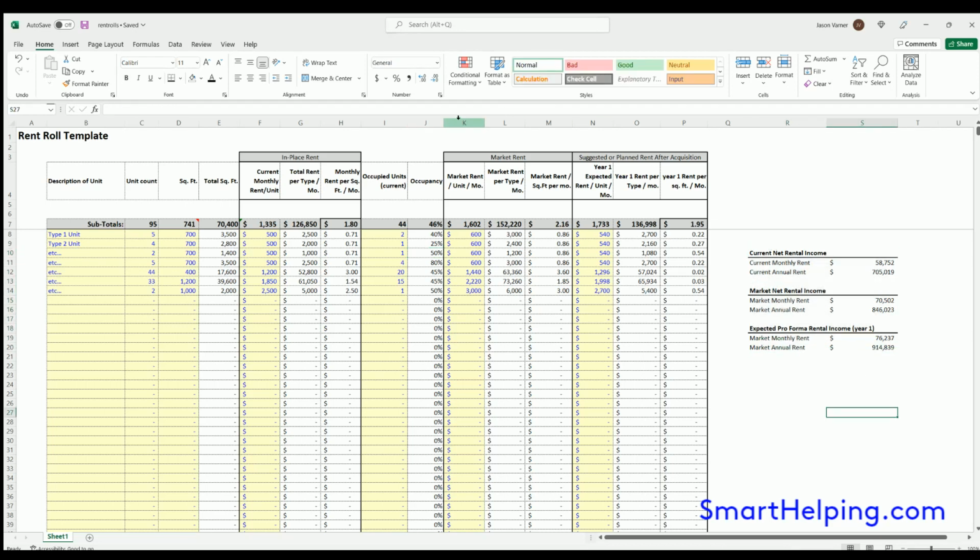We could add it in here and say, we could put in by every unit type the in place current rent, the market rent, and the suggested rent, and do it by occupancy as well. And then you'd get these totals, but based on sections like this.